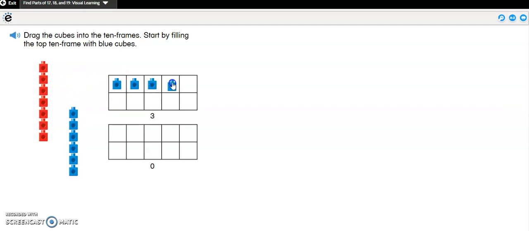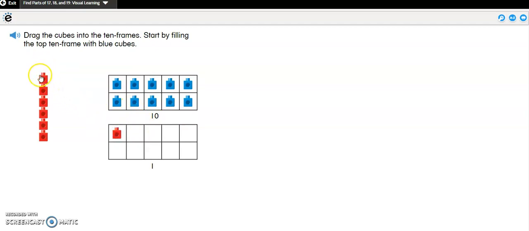And as you can see, when I'm putting a cube in, it's being counted on the bottom. So you could see the number is changing as I'm filling my frame. Okay, so I did the blue cubes. And since the frame is full, we have 10 cubes in the frame. Now we're going to put the red cubes in the bottom frame.